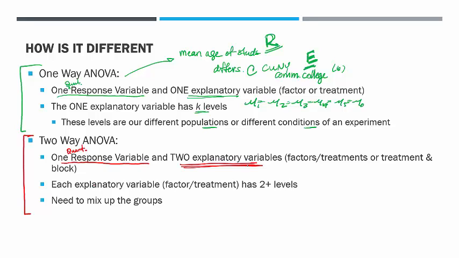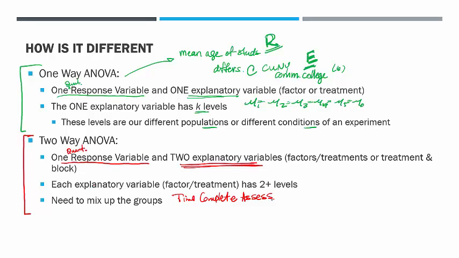What do I mean by this? 2 explanatory variables. So for example, suppose that you are concerned with the time it takes students, or anybody, right? Let's just say the time it takes adults to complete some kind of assessment, some kind of quiz or something like that, right? I don't know, maybe it's the driver's test.